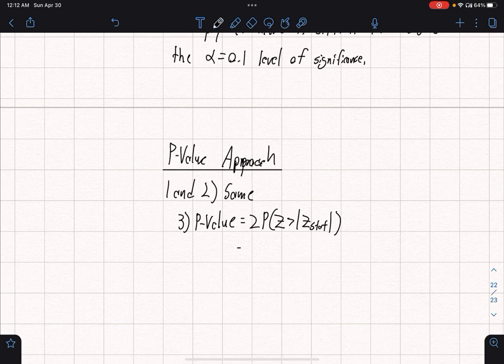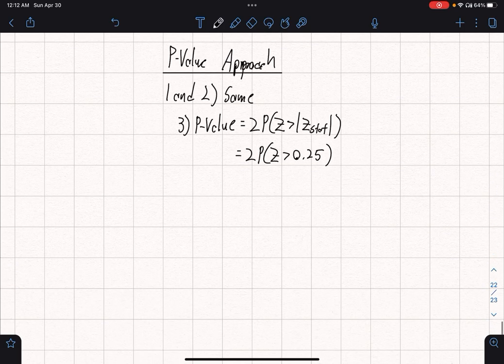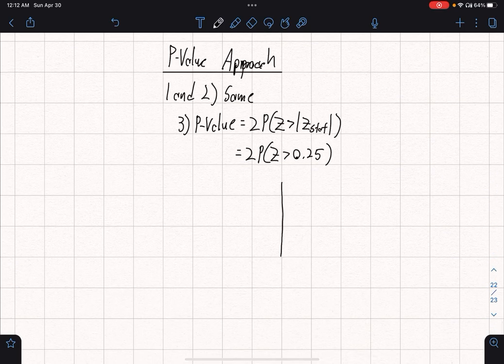So plugging in equals 2 times the probability that z is bigger than 0.25. Okay, well, if I were to find this, terrible plot, but whatever, 0.25.